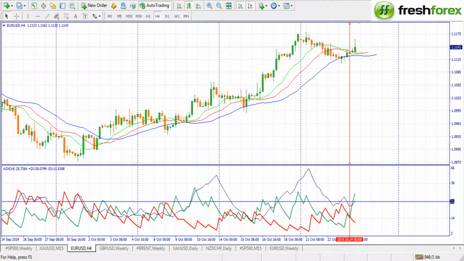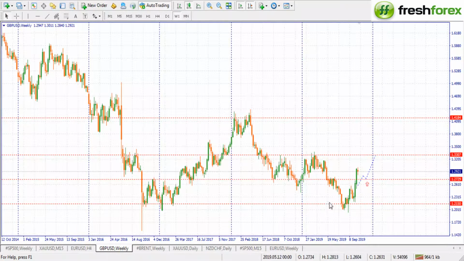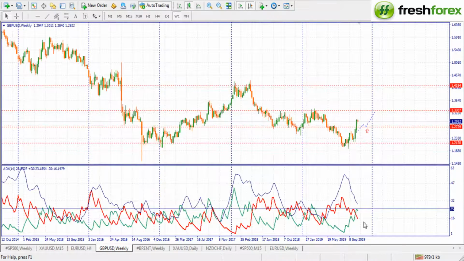So we move to the next symbol. That should be GBP USD. Here, this is actually showing us a buy at a level here, a very good distance, to confirm with the indicator we're using now, ADX.